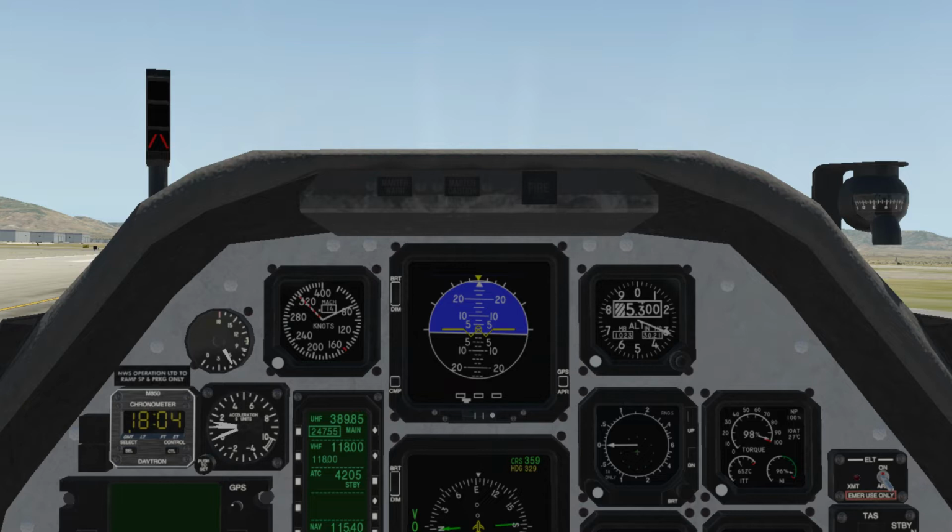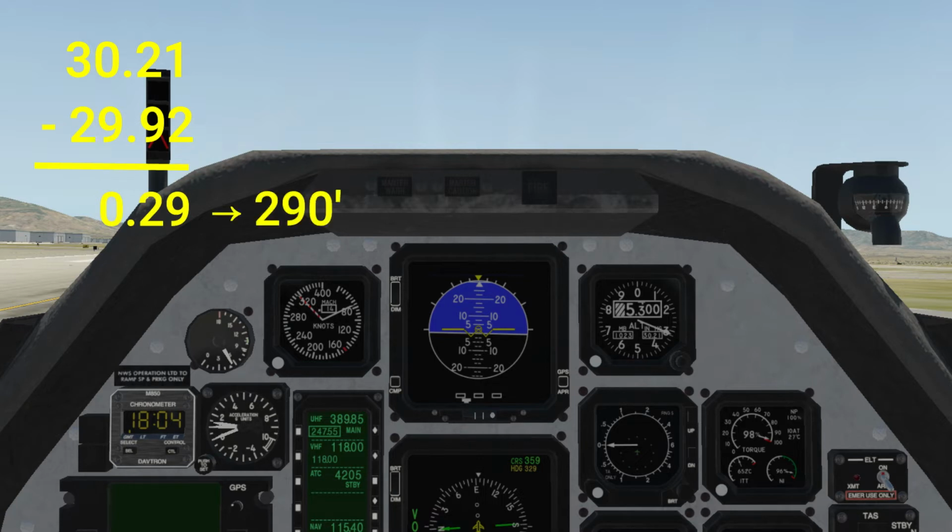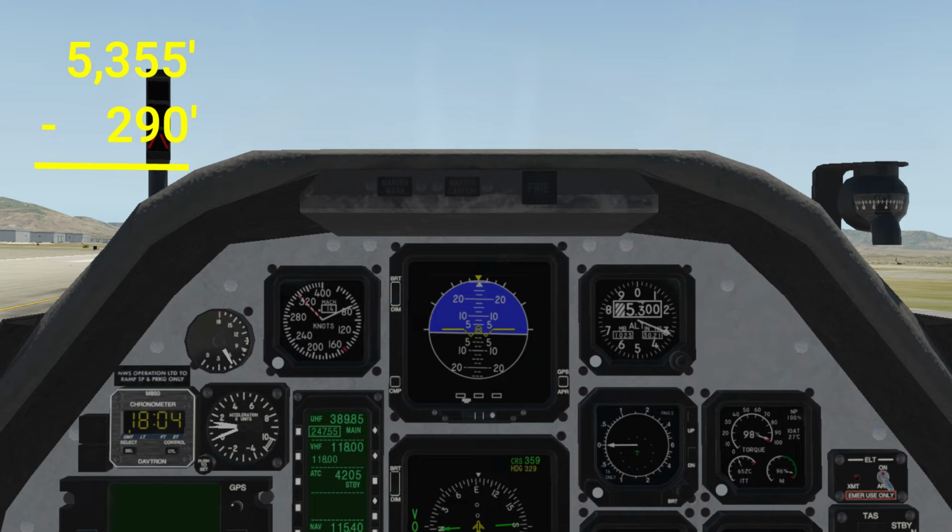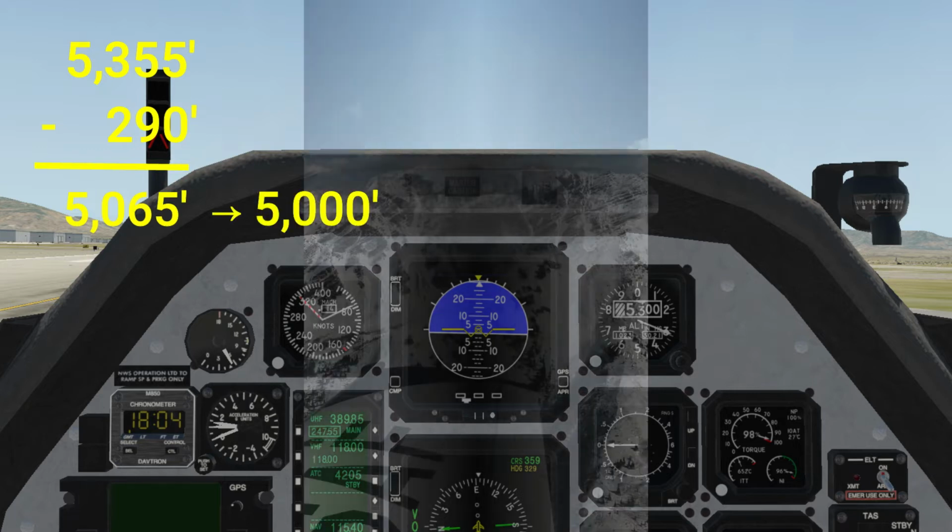If the altimeter setting is higher than 29.92, the pressure altitude is lower than field elevation. 30.21 inches of mercury is 0.29 inches above standard. This equates to 290 feet. Subtracting 290 feet from field elevation gives us a calculated pressure altitude of 5,065 feet. In the TOLD charts, we'll round this to 5,000 feet.